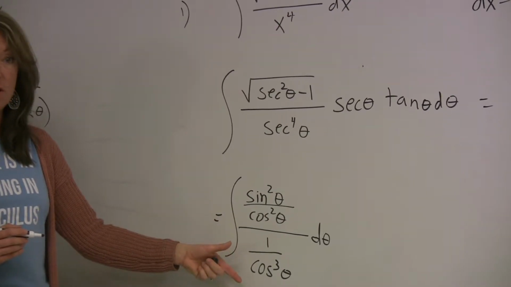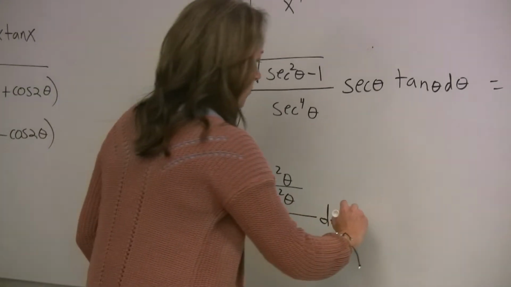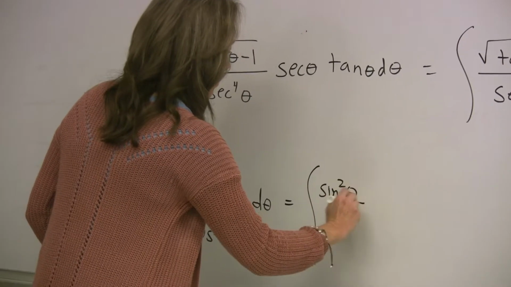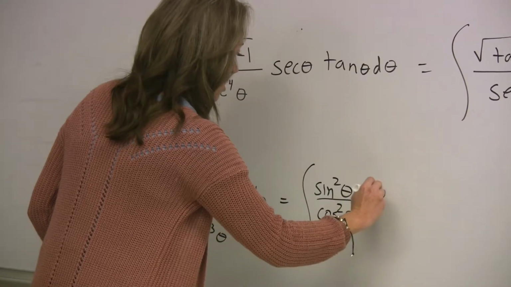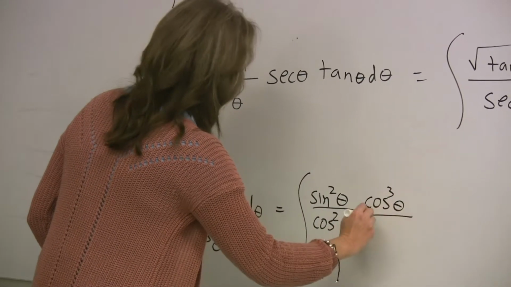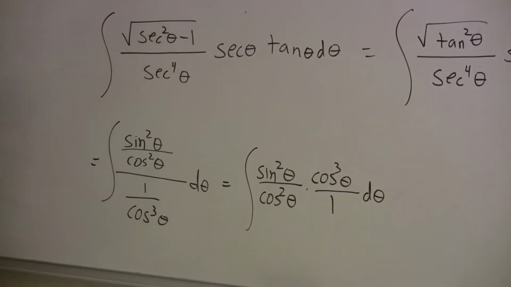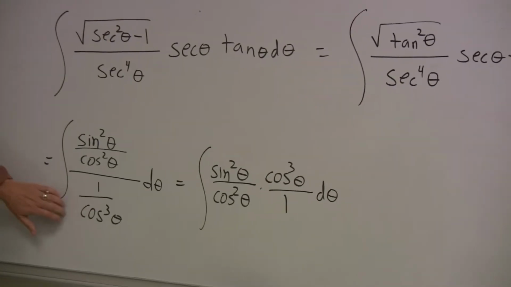Dividing by a fraction, though, is the same as multiplying by the reciprocal. So let's rewrite that and make it prettier. Sine squared over cosine squared times cosine cubed over 1 d theta. Right, multiplied by the reciprocal.